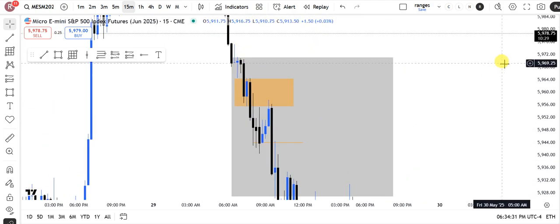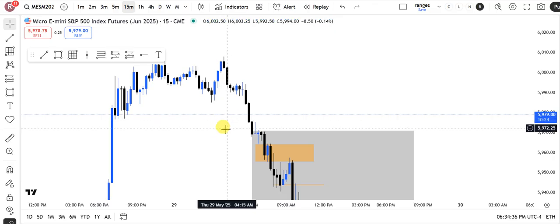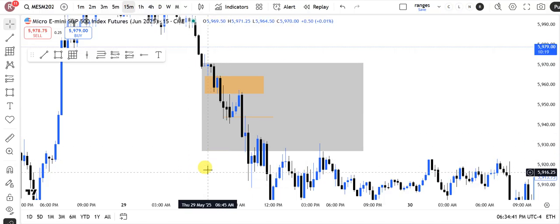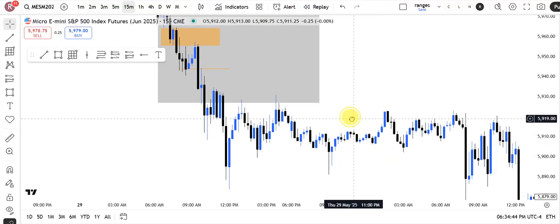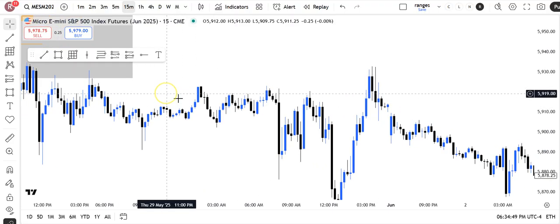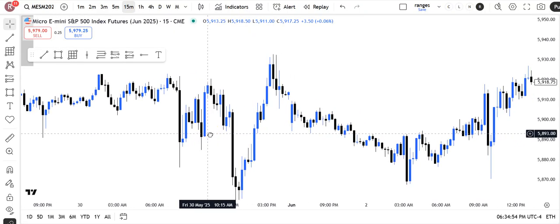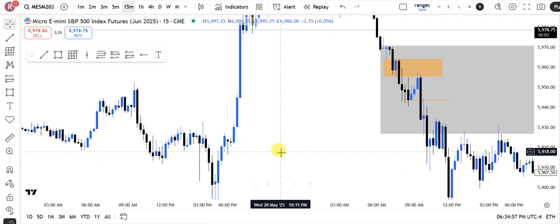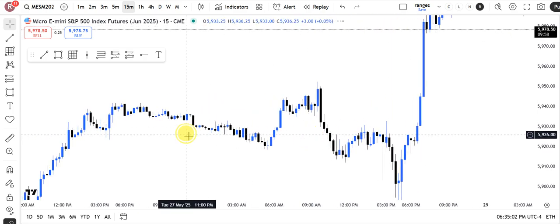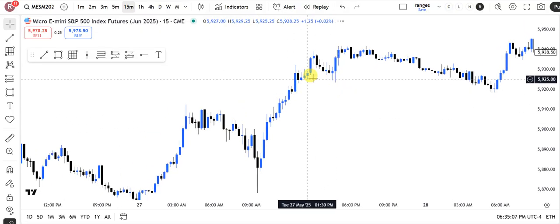It comes up in there, barely hits it, and just falls out of bed from there. I also want to make it clear that whenever we have, let me see if I can find an example.